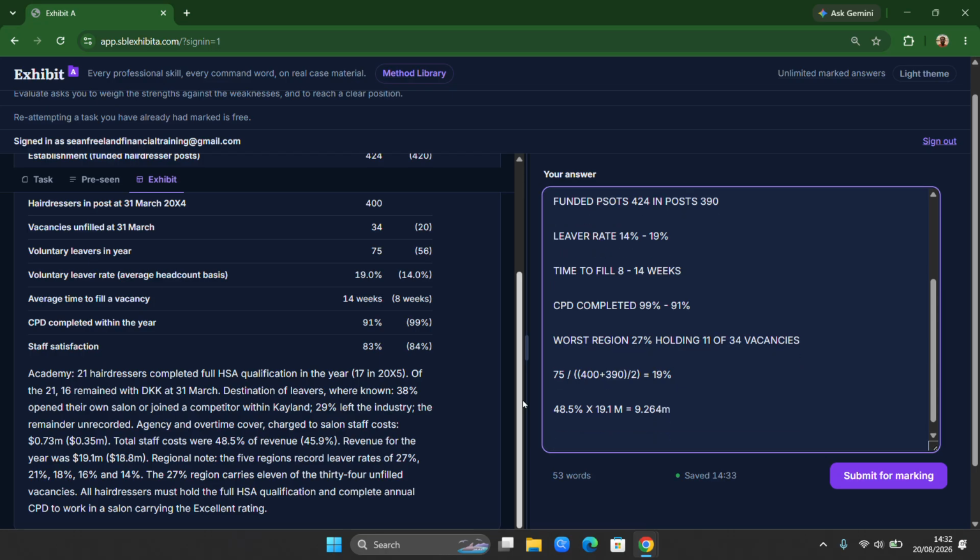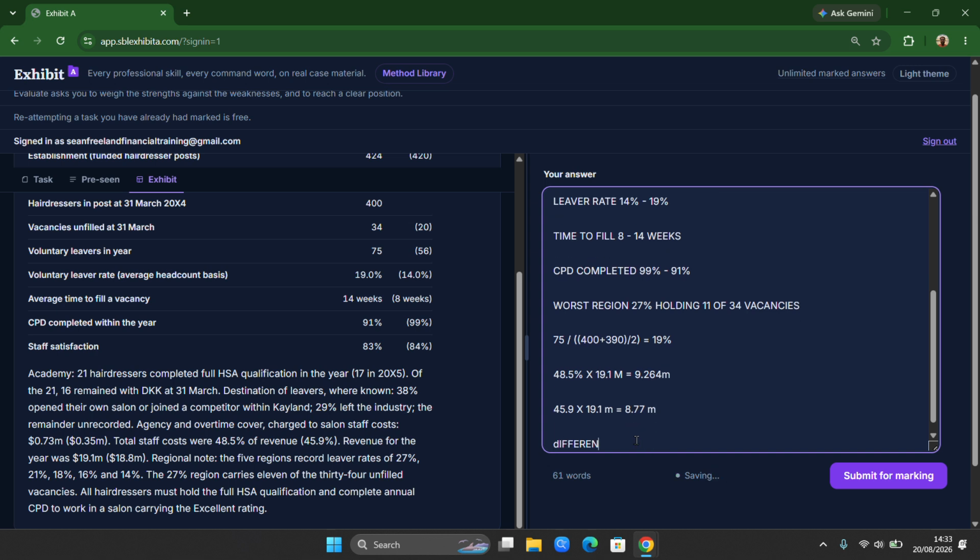And then I'm going to take the 45.9, which is revenue for the year, and times that by 19.1 mil, which is going to give me 8.76 or 77 mil, giving me a difference of 0.5 million. So those are the figures which we're going to use.